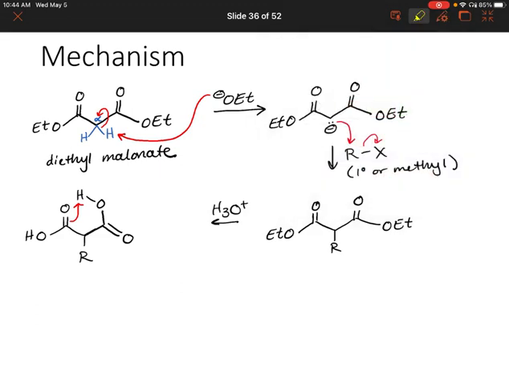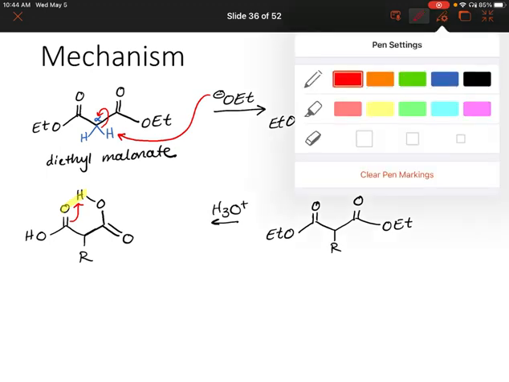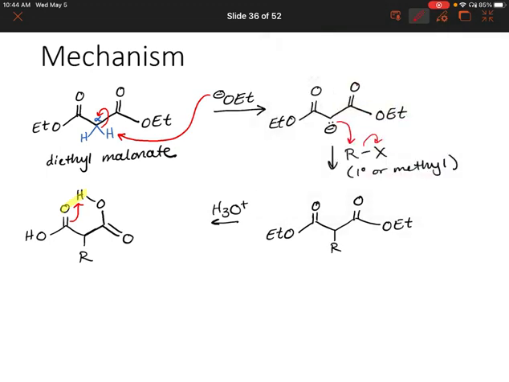So that oxygen on the carbonyl group on the left is going to become an alcohol. That means that the electrons between hydrogen and the other oxygen are going to move down to form a double bond. And that's going to form a Texas carbon, right? So we have to do something to alleviate that stress.